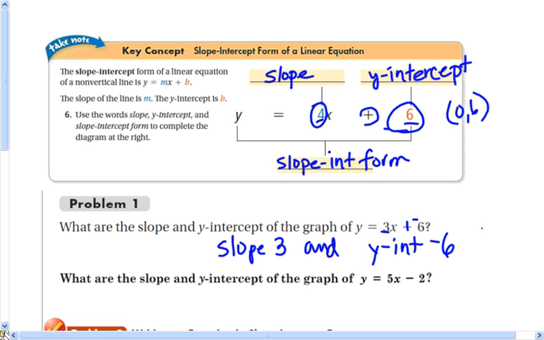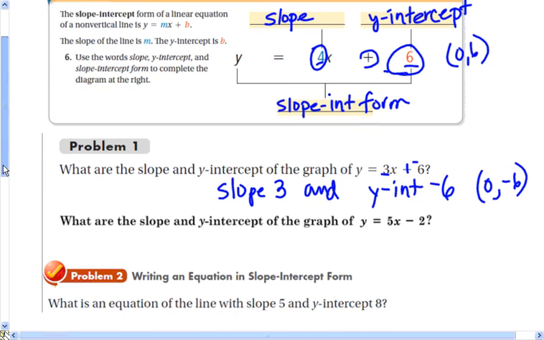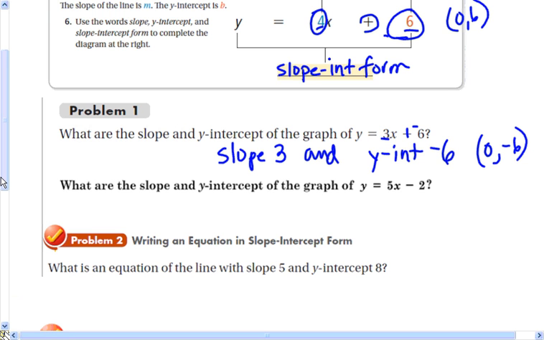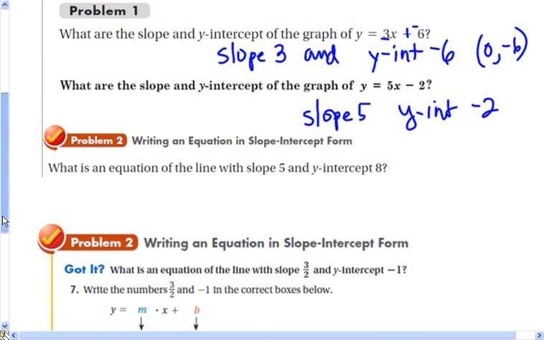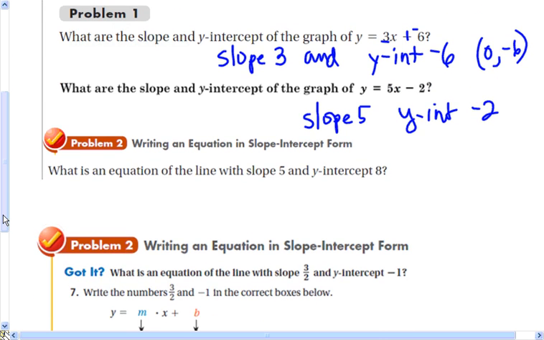And that's the point on the graph where x is 0, y is -6. Okay? Go ahead, you can do the next one. You should say that slope is 5, y-intercept is -2.